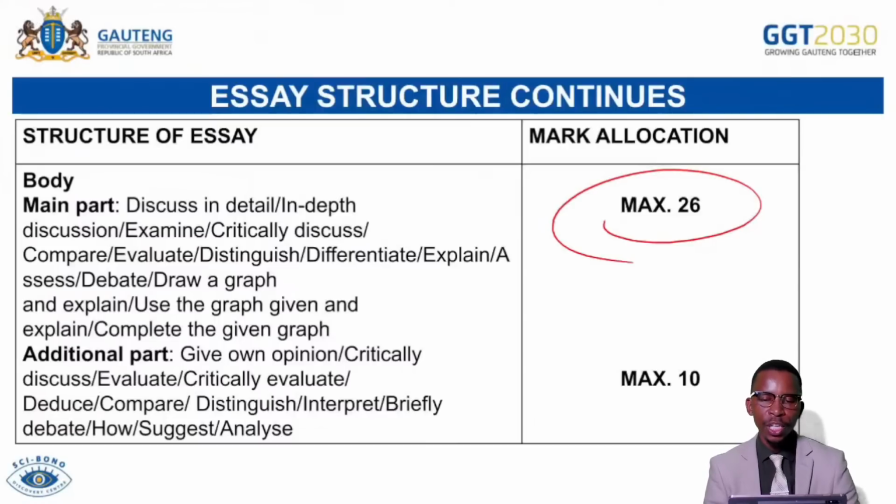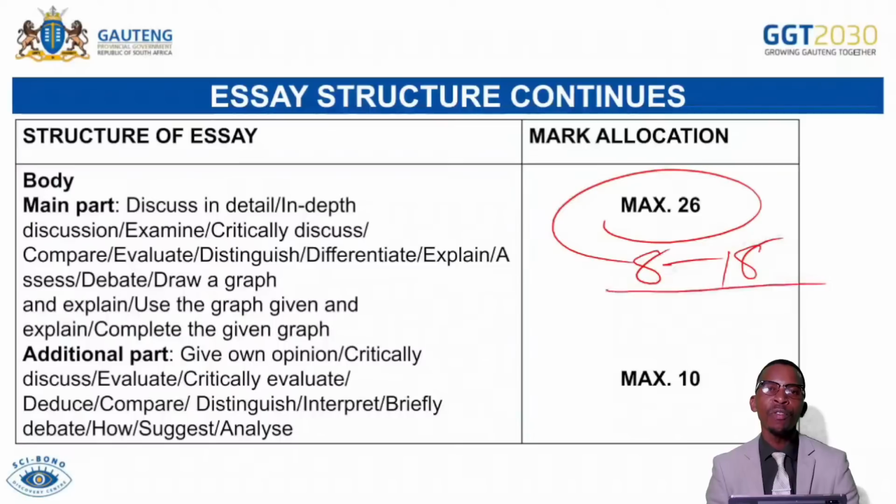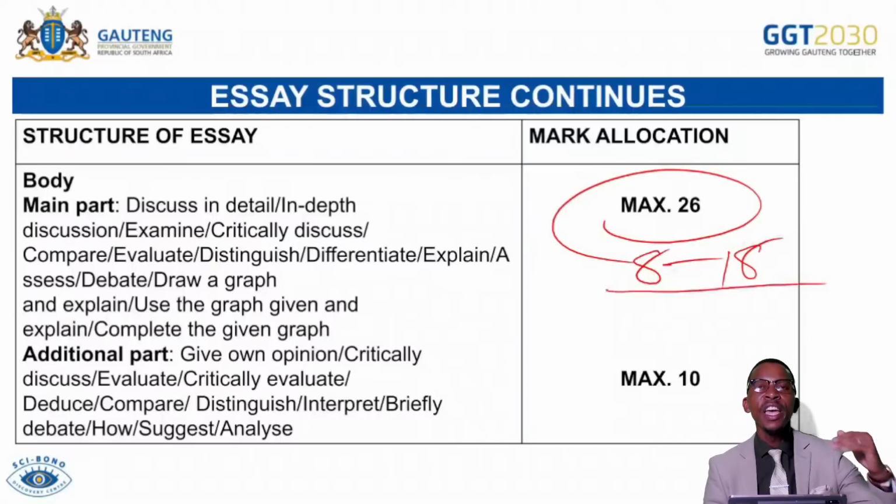Remember, in this situation, you have your 8:18 principle, where your 8 marks is the mere listing and providing examples in your main part. 18 marks is the delivery of the content. So be aware, as you provide your subheadings in your essay and give examples, you will be given the maximum of 8 marks. Then we are not going to mark you beyond 8 marks for listing. Then you must discuss your content.